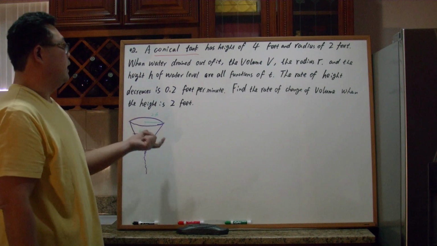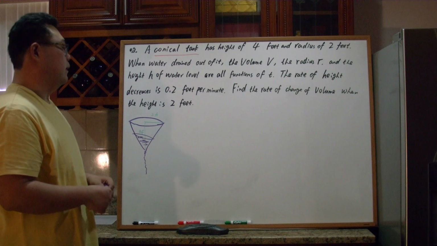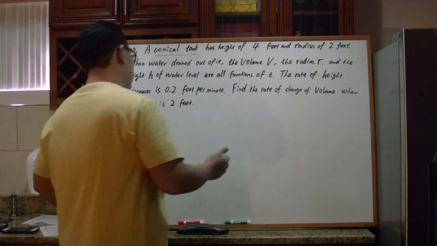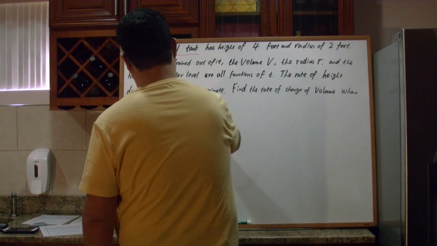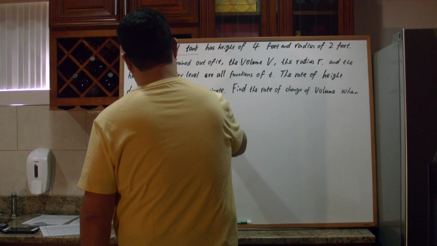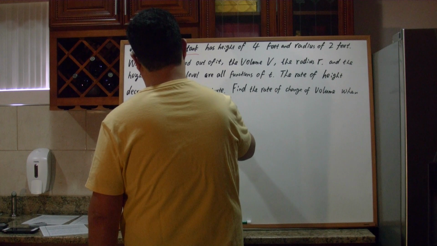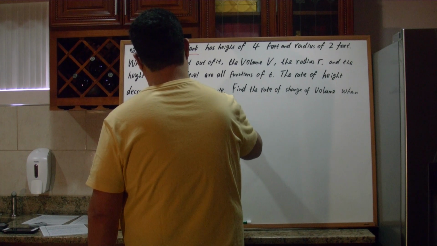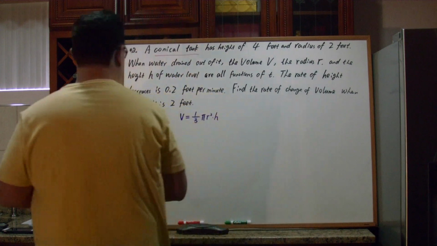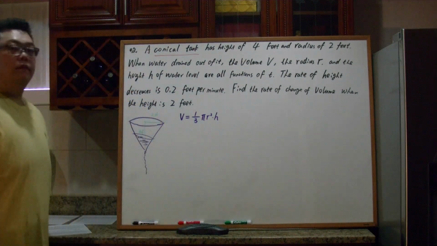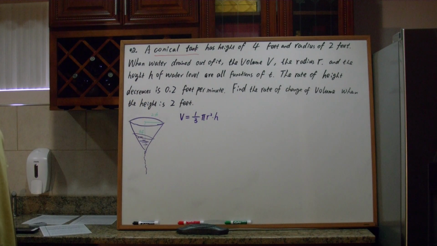The volume, radius, and height are all functions of time. What we know is that the volume of a cone-shaped container is a third of pi r squared times h. We can find that even from online sources or other places.